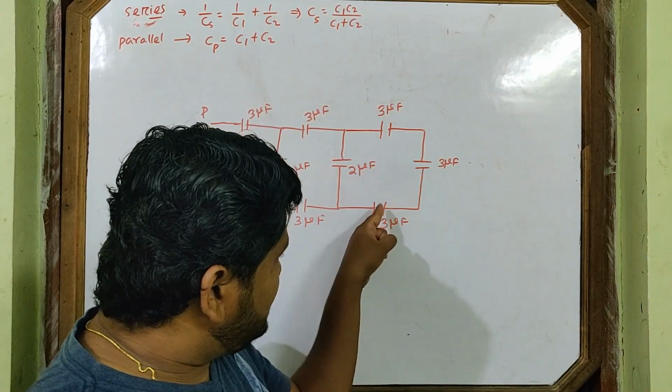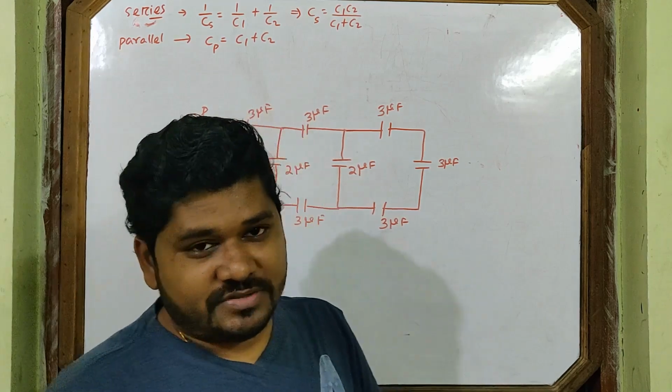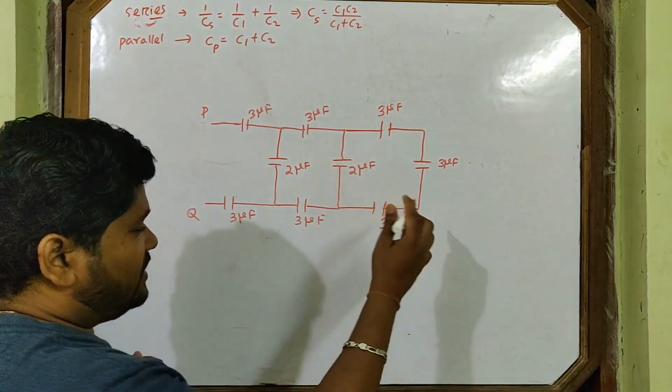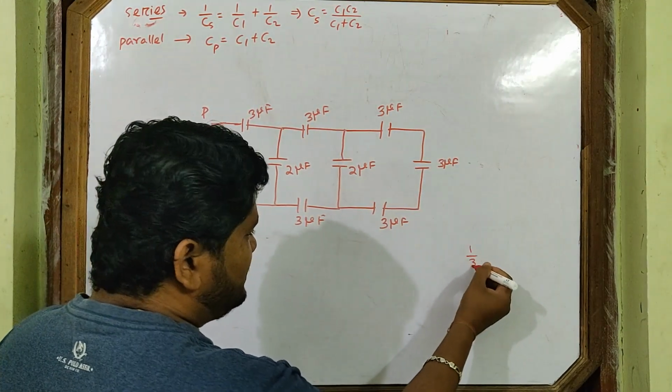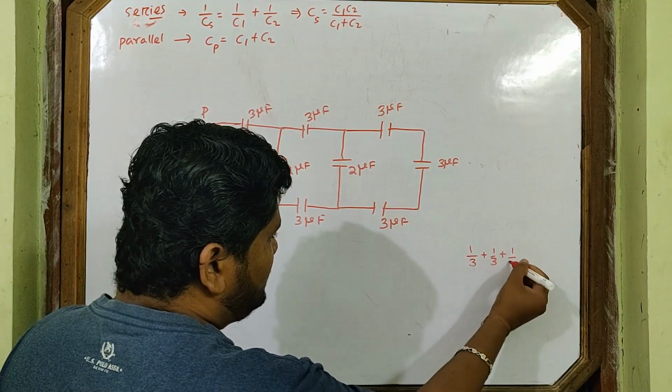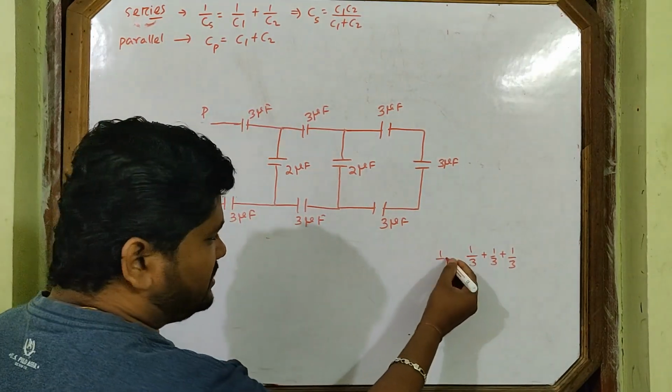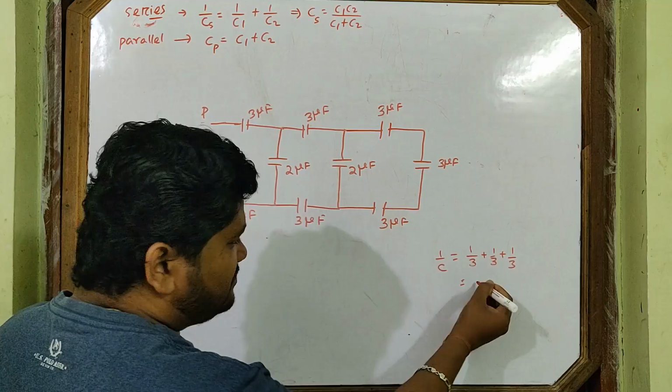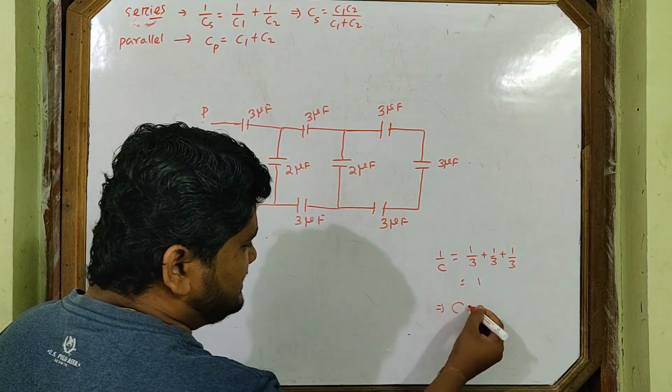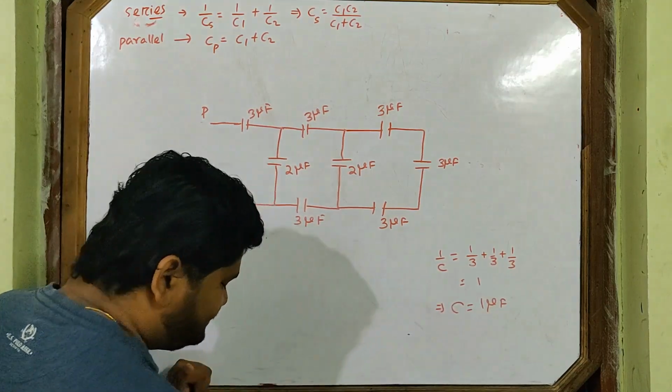They are directly in series. So 1 by 3, 1 by 3, 1 by 3, in series connection this is the formula. It becomes 1, so C is equal to 1 microfarad.